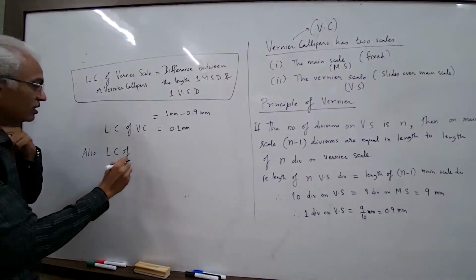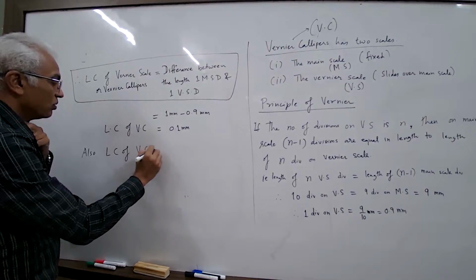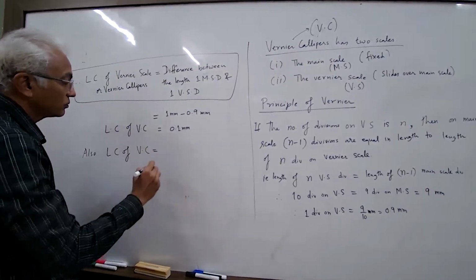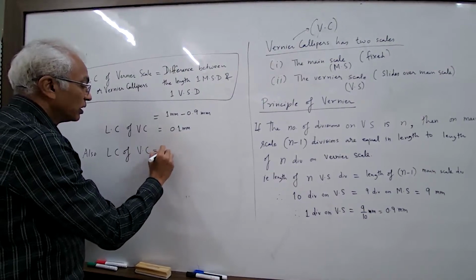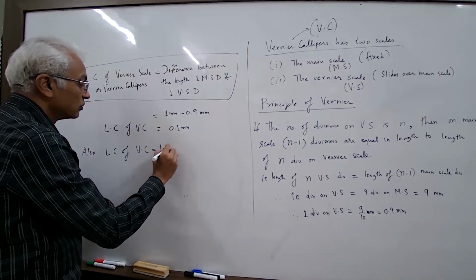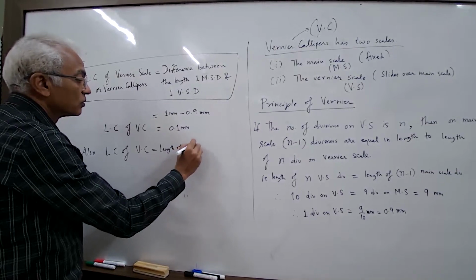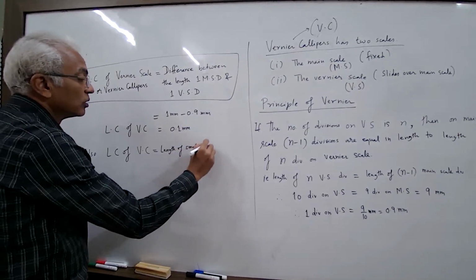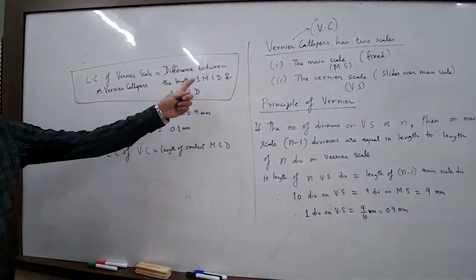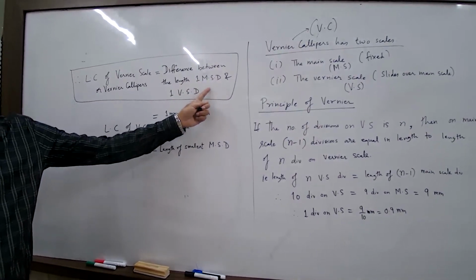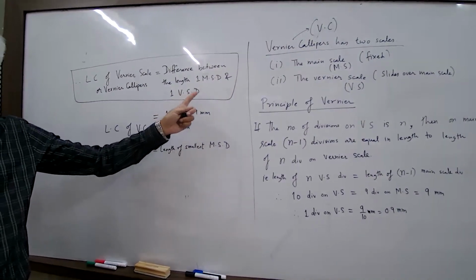Now LC of VC also is equal to the length of the smallest main scale division. MSD means main scale division. And VSD means vernier scale division.